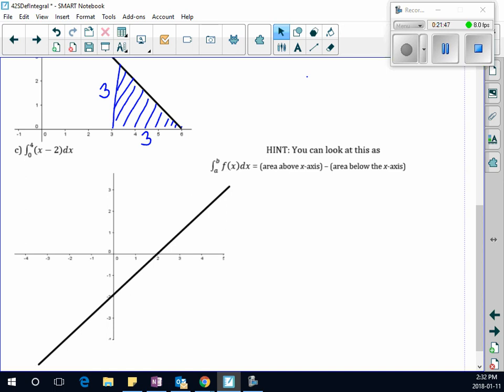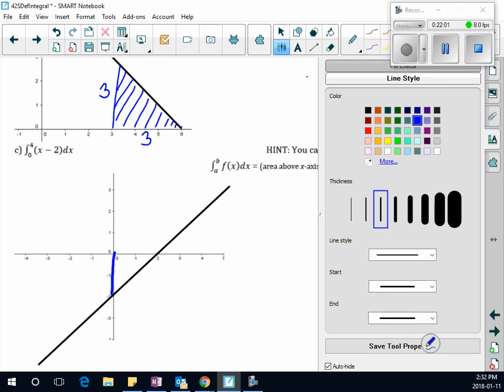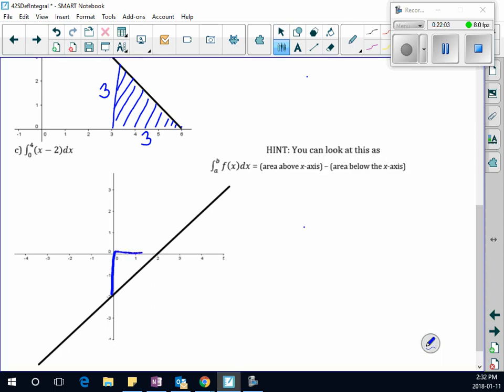Does everybody understand how I got that? All right. Now we're going to go from 0 to 4. Now notice that there's going to be some below and above. We have that part, and then we have that part.